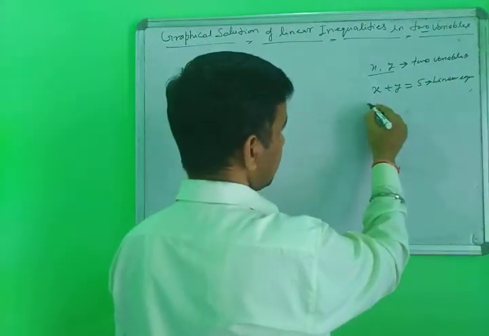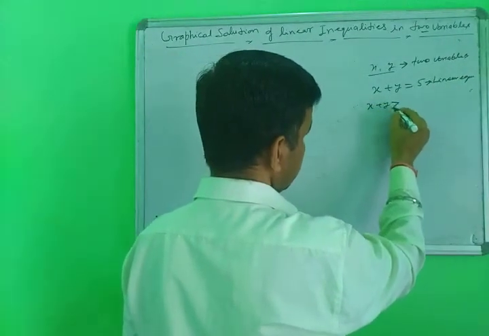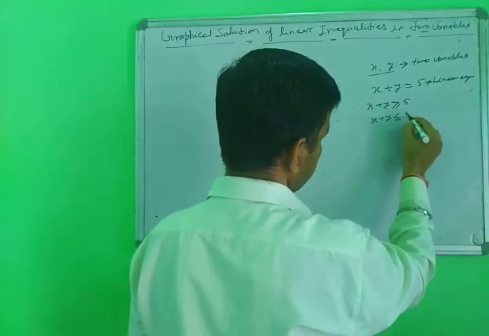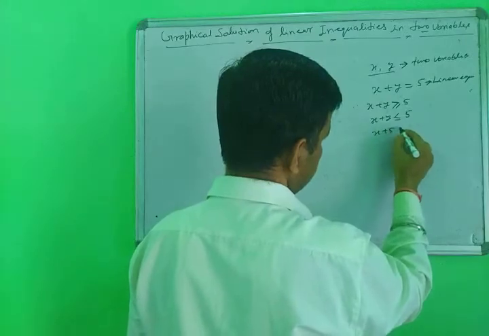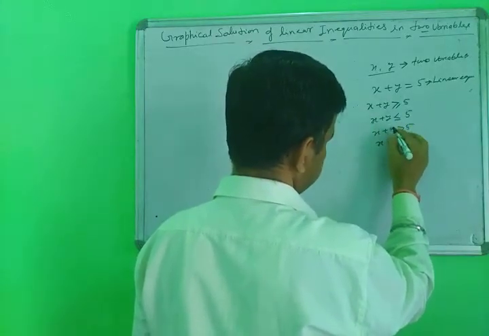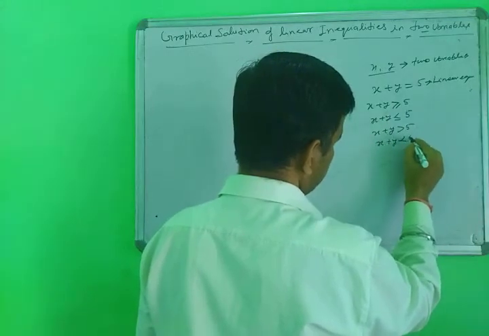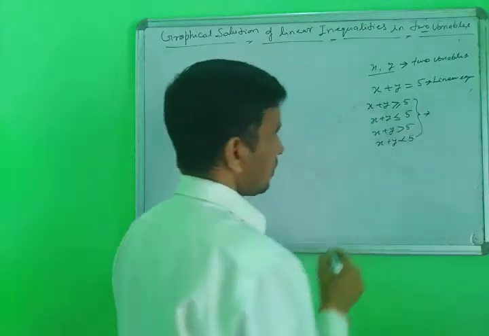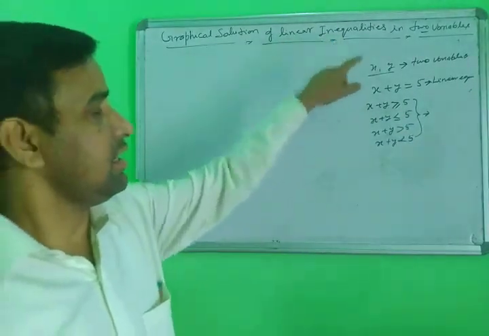But suppose you write x plus y greater than or equal to 5, x plus y less than or equal to 5, x plus y greater than 5, x plus y less than 5. These are called linear inequalities.